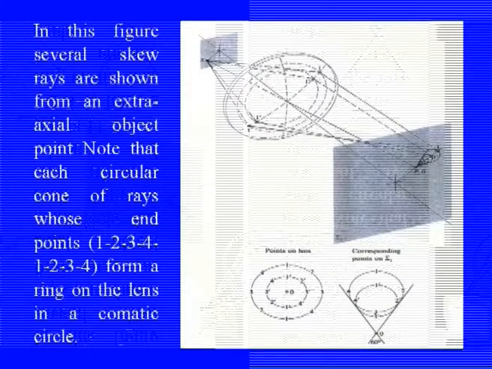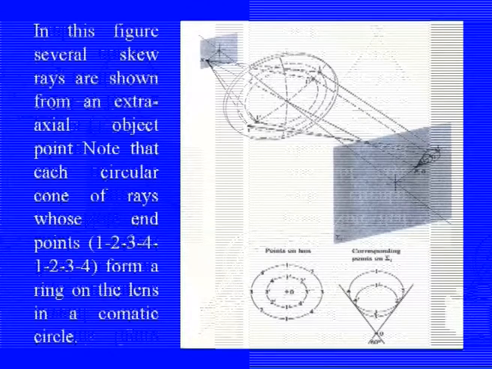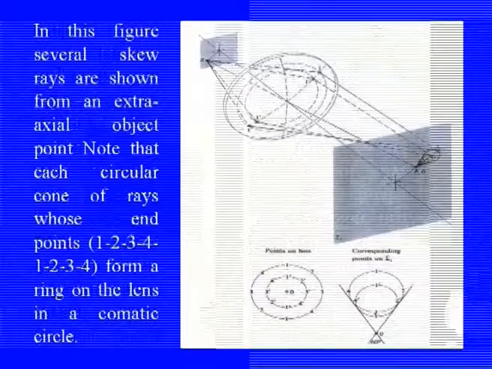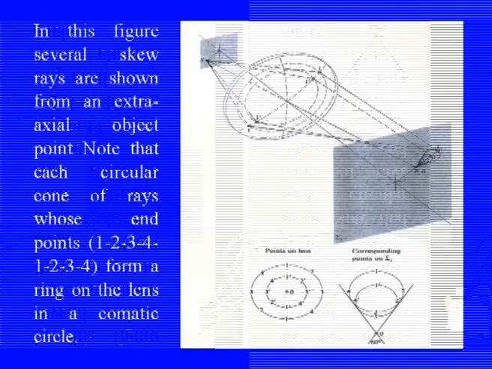Let us consider in this figure several askew rays shown from an extra-axial point. You note that each circular cone of rays whose endpoints are 1, 2, 3, 4, that is, that circular zone of the lens from where the rays are coming, is focused in a comatic circle.